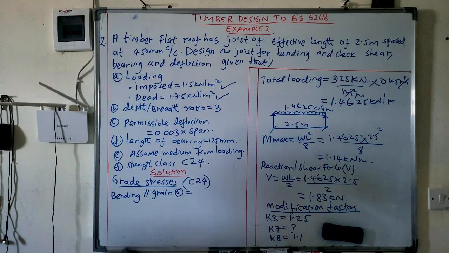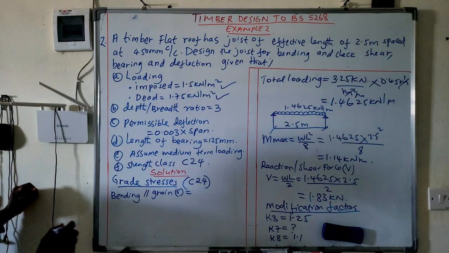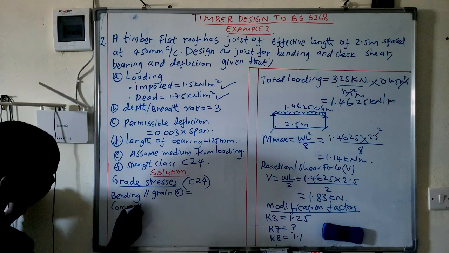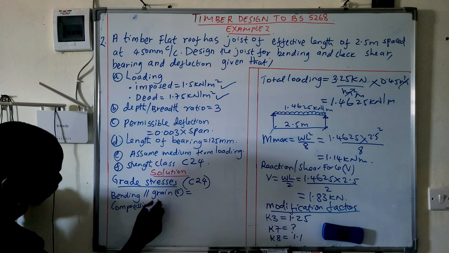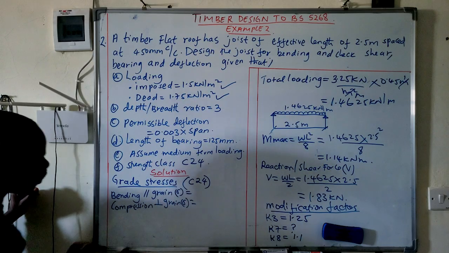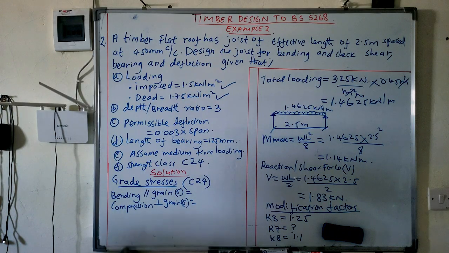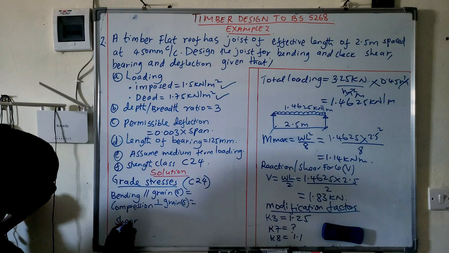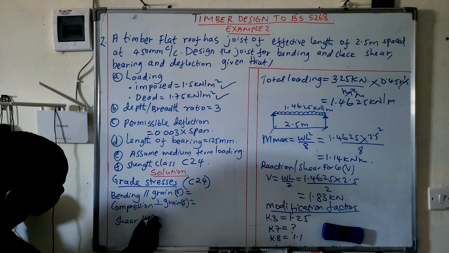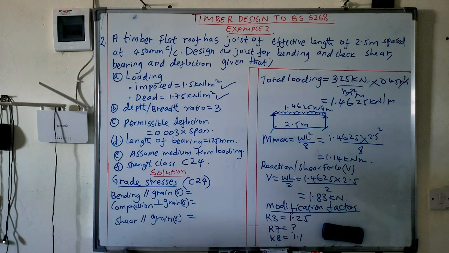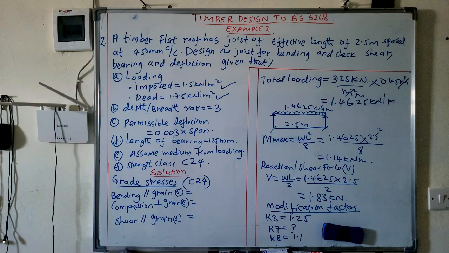You'll get the value from the table. The second one, compression perpendicular to grain. Again, you'll get the value from the table. And then we will have shear parallel to grain. Also, you'll obtain the value from the table. I will show you how to obtain these values from the table.